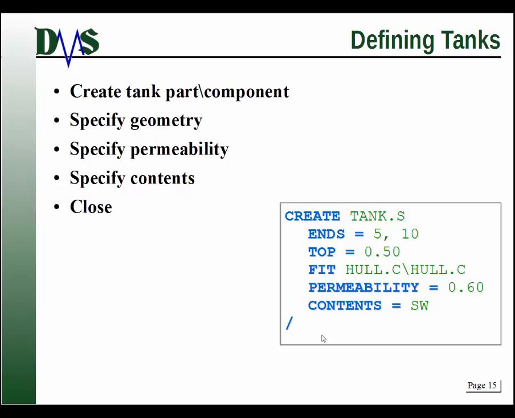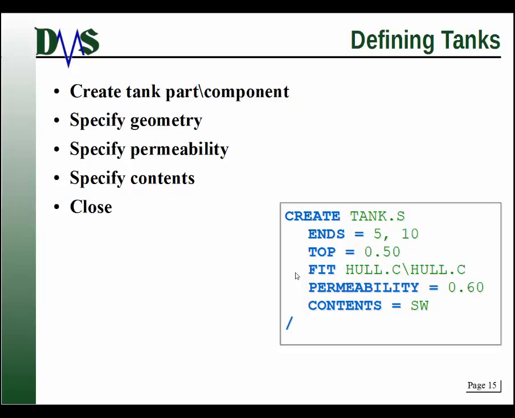So what you do is you create the tank, you specify your geometry, and once you've specified the geometry, then we're going to get into specifying some of the properties of that tank. So we're going to specify the permeability, we're going to specify the contents, and then we'll close out our part creation. So you can see here we've got the ends created.